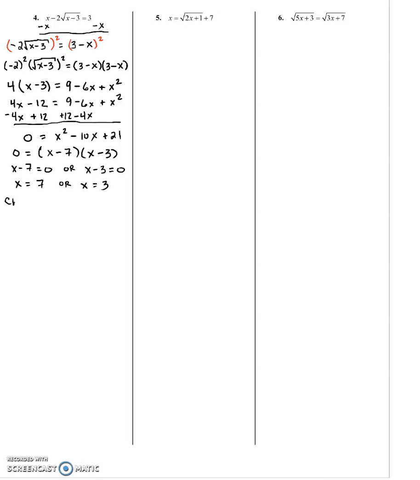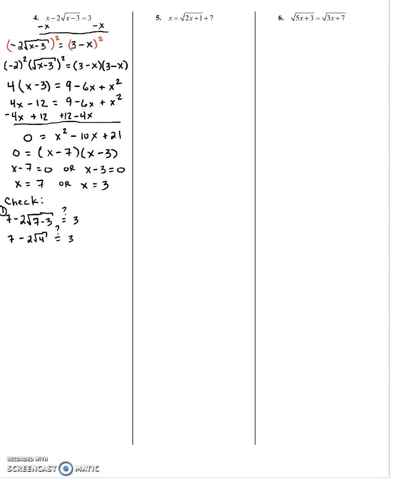Now, remember, we have to check. So if we check the first one, we have 7 minus 2 times the square root of 7 minus 3. And we need to know if that equals 3. So we have 7 minus 2 times the square root of 4.